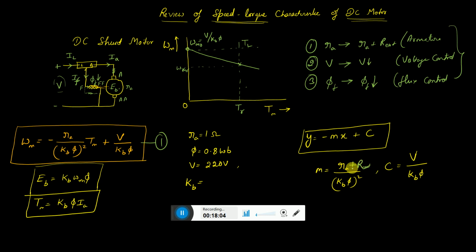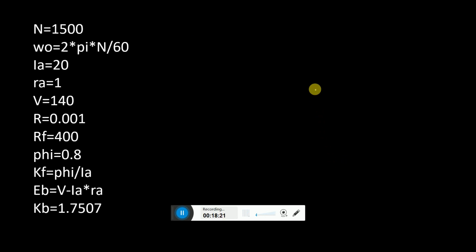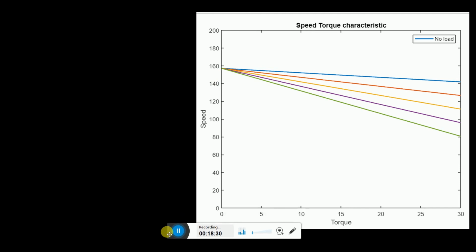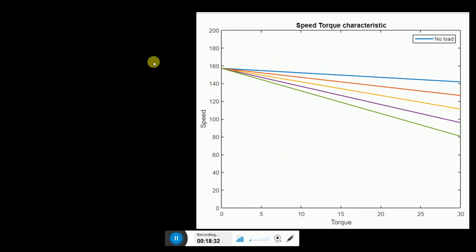By adding an external resistance, I am actually increasing the slope, and there is no effect on the value of C. Only the slope is increased. So if the slope is increased, what will happen over here? We can see this is the MATLAB simulation output with different armature external resistances.